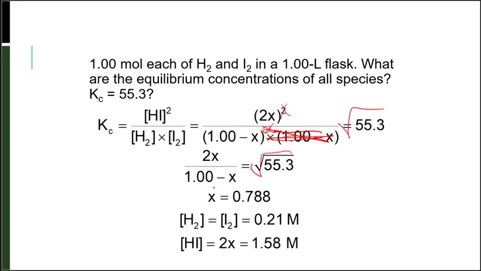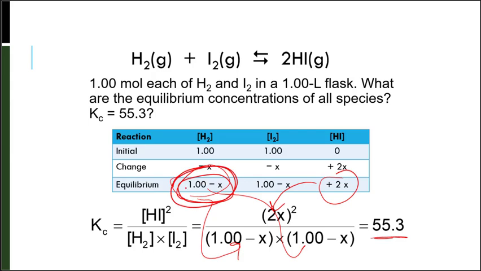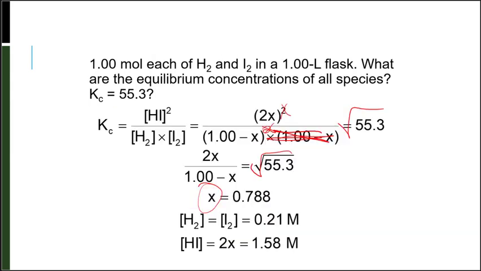Once I do that, I can solve for x. X is 0.788. Then I plug x into my equilibrium expression. So 1 minus 0.788 gives me a concentration of 0.21 for both my reactants. And 2 times 0.788, 2x, gives me a concentration of my product of 1.58 M.